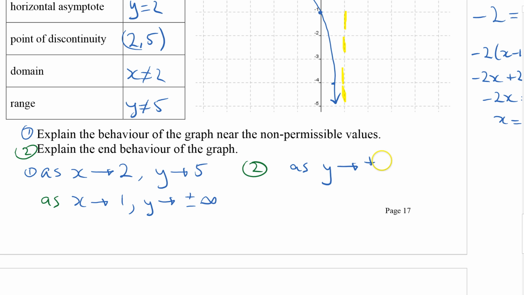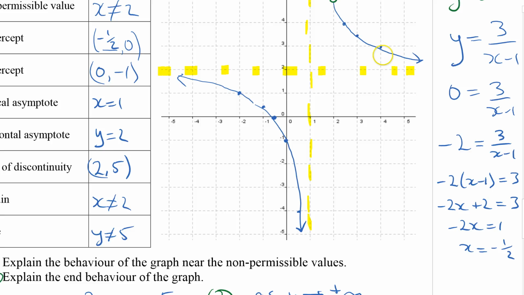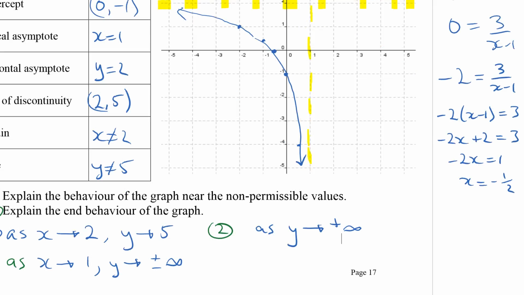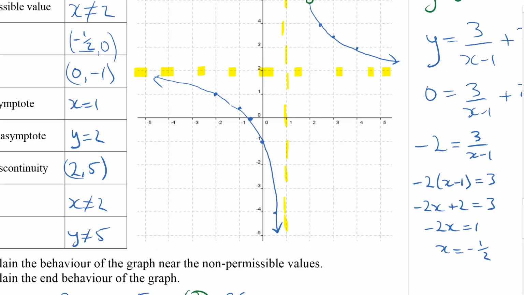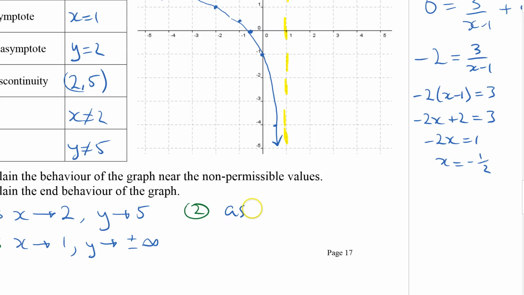So what I'm doing is looking off to the right: as x approaches positive infinity, then y approaches 2, and as x approaches negative infinity, then y also approaches 2.